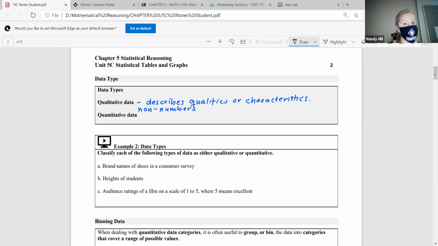Quantitative data is whenever we can measure it with numbers, right?